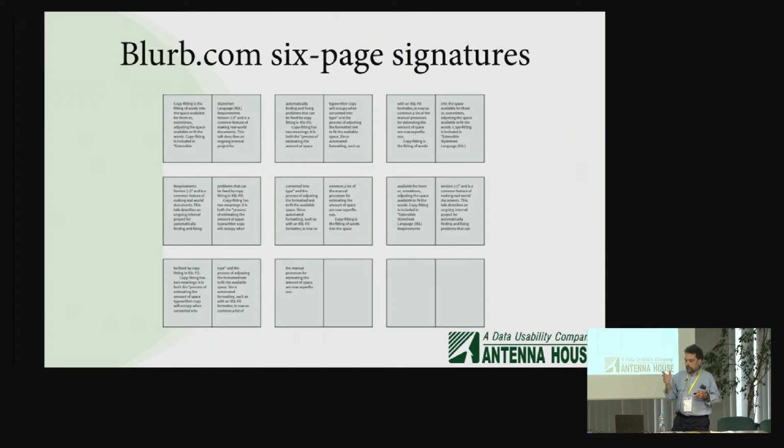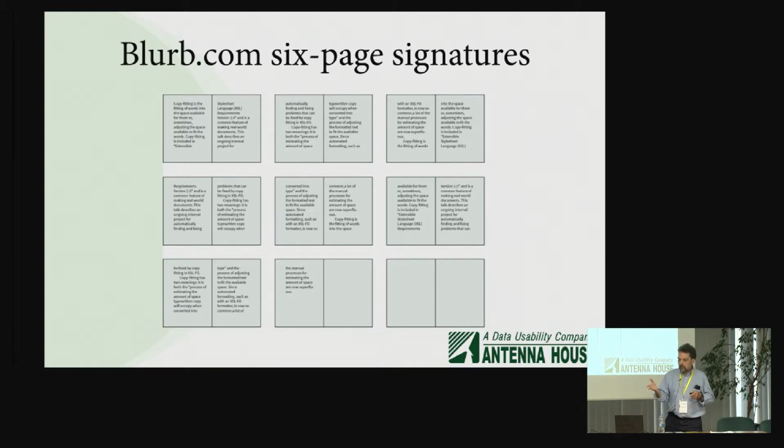So, for example, the blurb.com service, which we used for those books, requires trade paperbacks to be in 6-page signatures, blocks of 6 pages. If you manage to make a document that naturally formats as 15 pages, you're left with a choice.